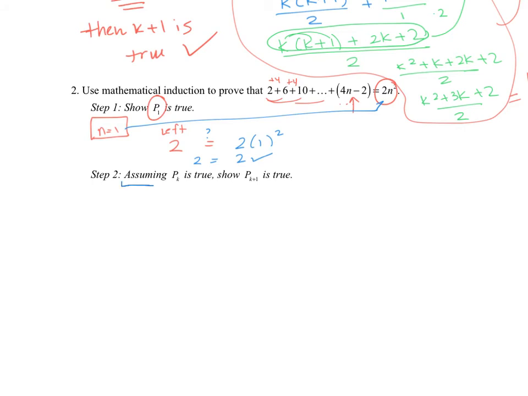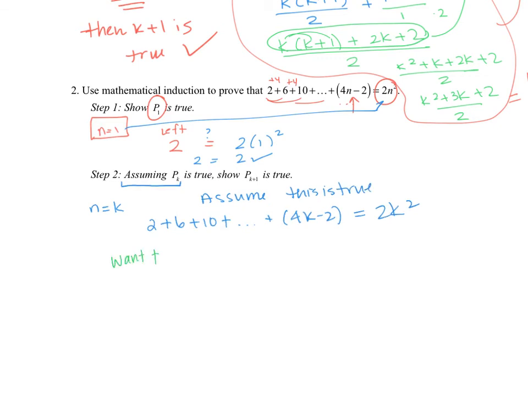So we want to assume Pk is true. So if n equals k, that's 2 plus 6 plus 10 plus up to 4k minus 2 does equal 2k squared. We're going to assume this is true. And so if this is true, we want to show that the k plus 1 is true.